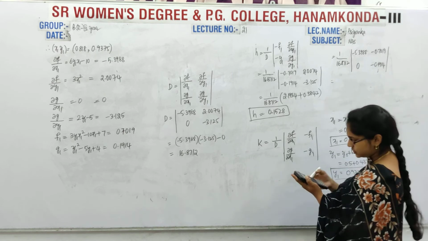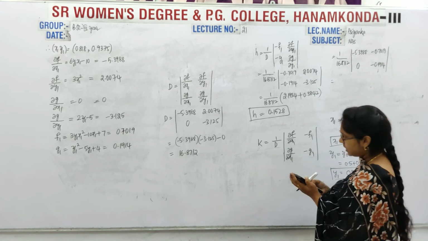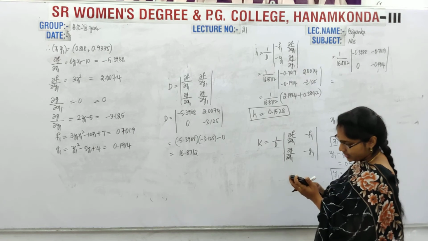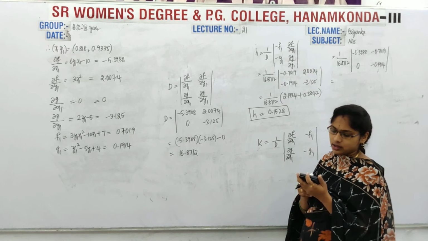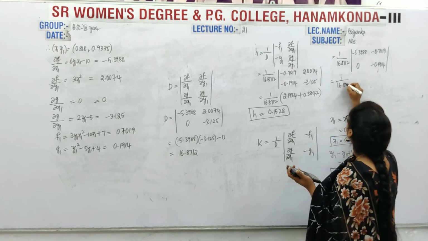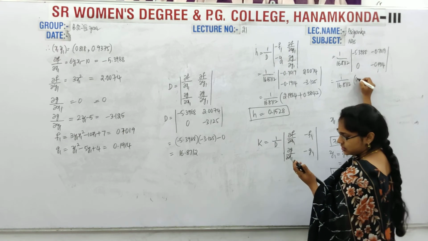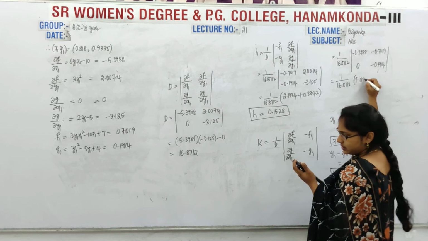Now minus into minus plus, 5.3988 into 0.1914. You get some value, 1.033 and so on. Now it is 1 by 16.8712 of 1.033.